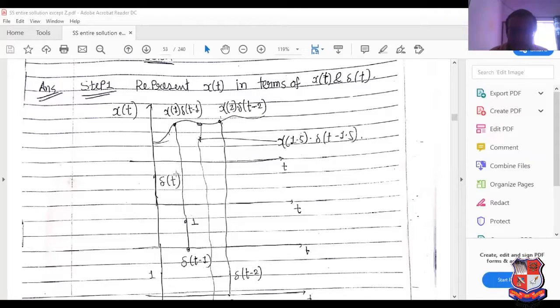If you multiply with this, here, here, and here, we can get the output.